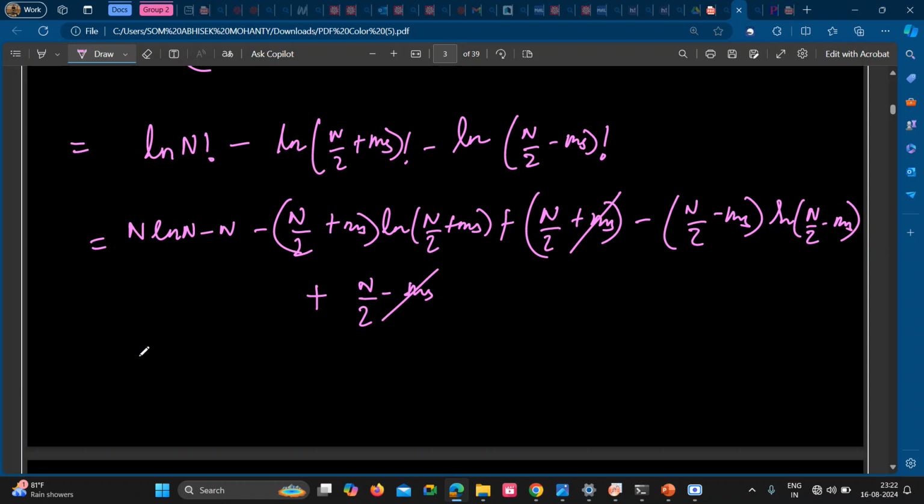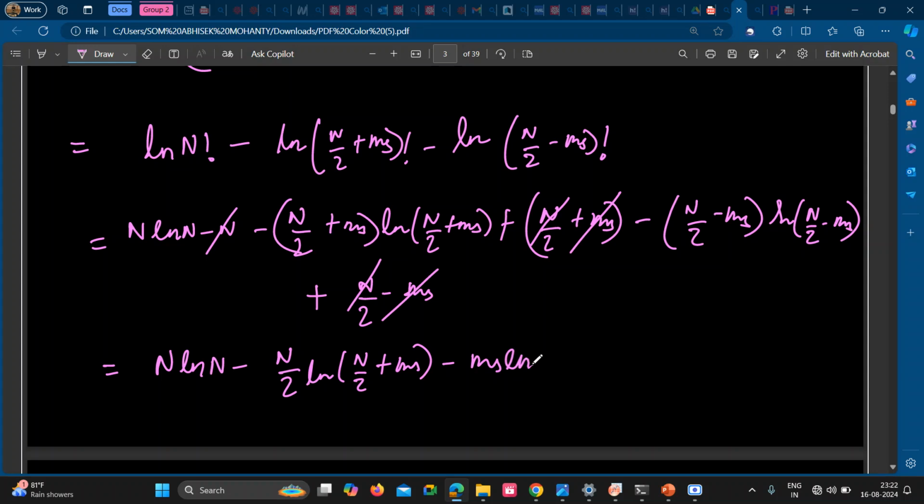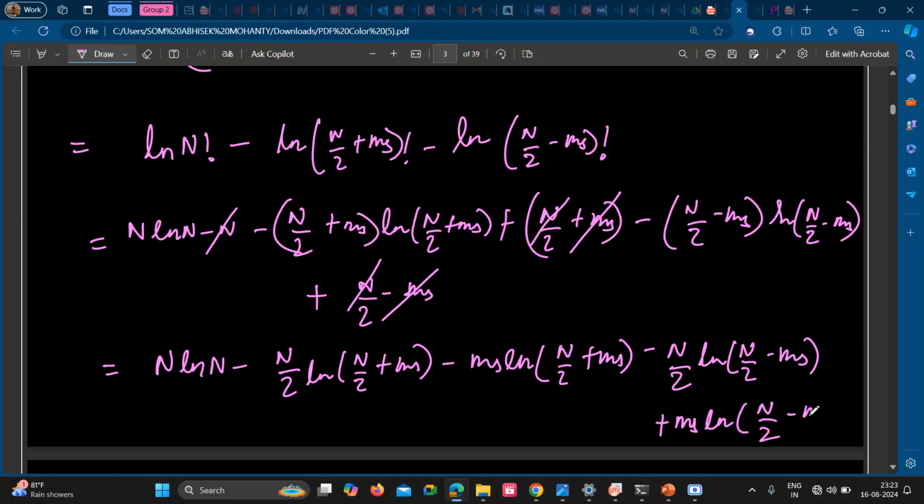N by 2 plus n by 2 is n, and there is a minus n, so this cancels. So n ln n minus (n by 2) ln (n by 2 plus ms) minus ms ln (n by 2 plus ms) minus (n by 2) ln (n by 2 minus ms) plus ms ln (n by 2 minus ms).